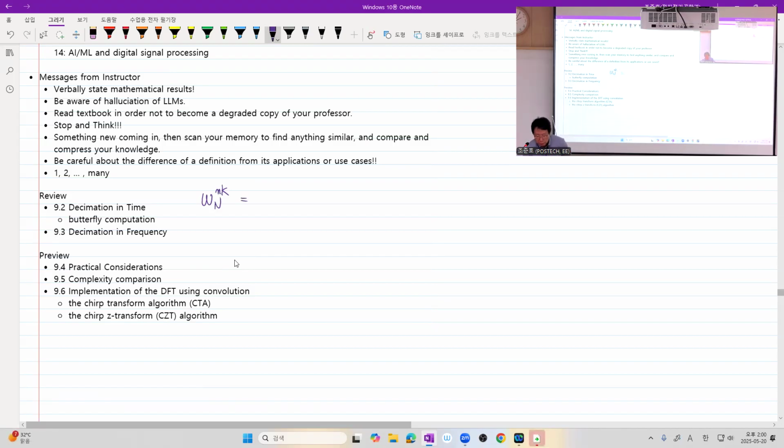Here, e to the negative j 2 pi divided by n is defined as the W sub n, which is used in the n-point DFT.